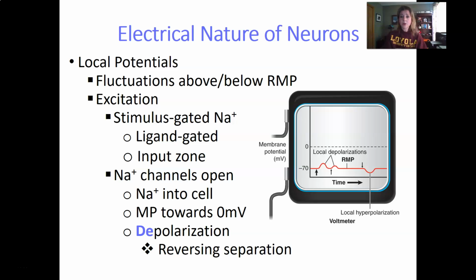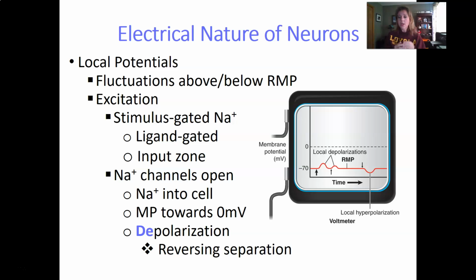And they are going to open when either a molecule binds to them, or when a certain membrane potential around them is reached. So these are called stimulus-gated. They're only going to open up and allow sodium to flow in when they have been stimulated, hence the name, to do so.